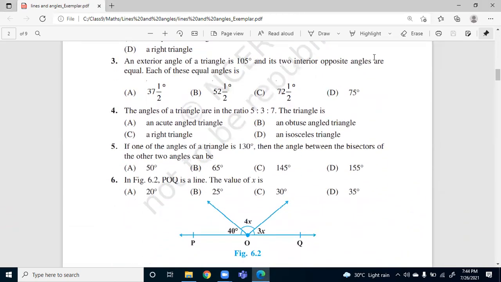Okay, so please try question number 4. It is again an easy one. Raise your hands if you know the answer. You can put the answer on the chat box so that I can see everyone's answer. Then we will discuss.